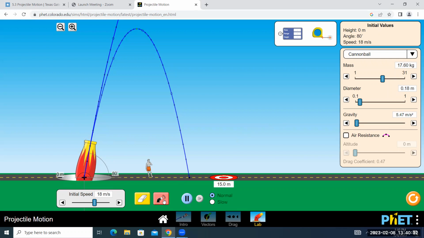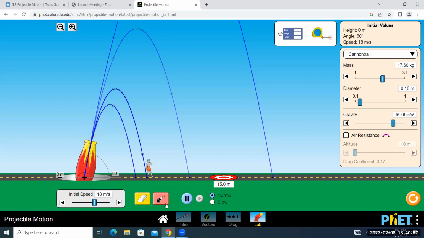Much, much higher arc. What happens if we take this out to 20? So that's a little more than 2 Gs, so a little heavier than 2 times Earth gravity. Oh, cool. Well, we know that sometime between here and here, we can hit this guy. So I can play with gravity and see if I can hit him.